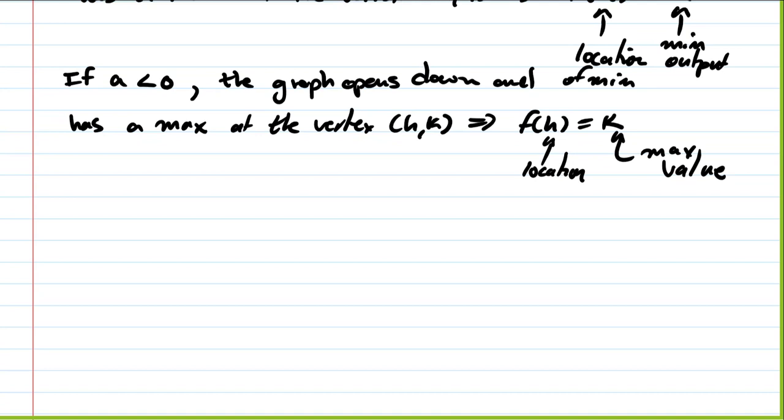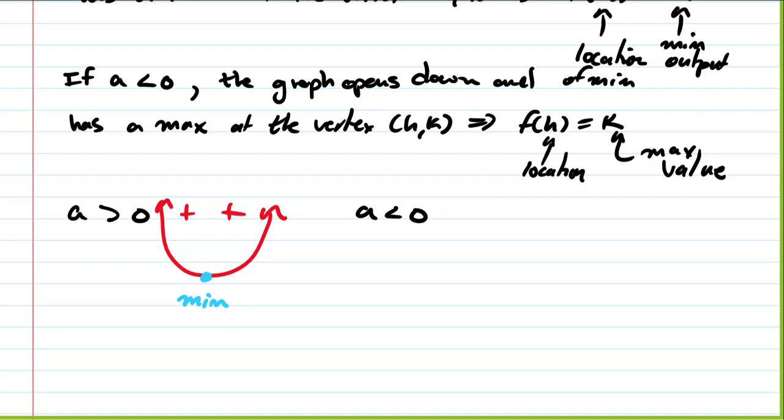So in terms of a picture, if our a is positive, this tells us that our graph opens up, so our graph is going to be happy, and as we just saw above, it's going to have a min at its vertex. If our a is less than 0, our graph is going to be sad, because it's negative, and it's going to open down.